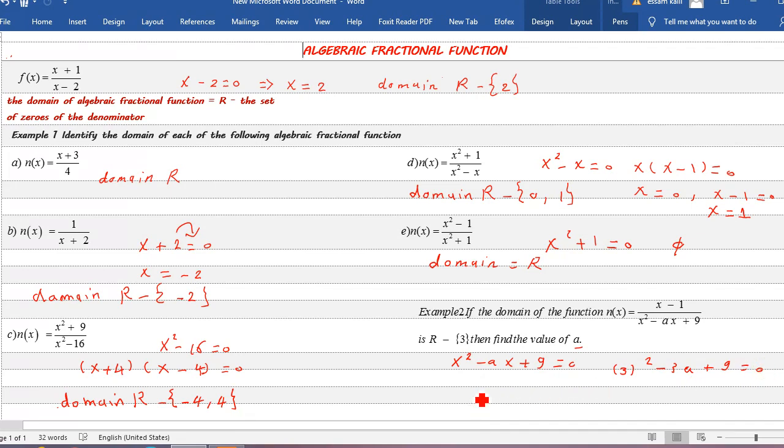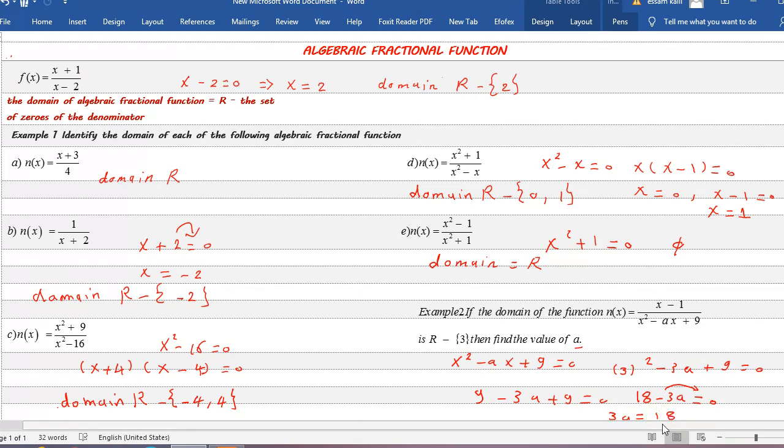يبقى then 3 power 2 equal 9 minus 3a plus 9 equal 0. Combine the like terms، نجمع الحاجات المتشابهة. يبقى 9 plus 9 become 18 minus 3a equal 0. يبقى then move، يعني نحرك negative 3a another side، يبقى become 3a equal 18.